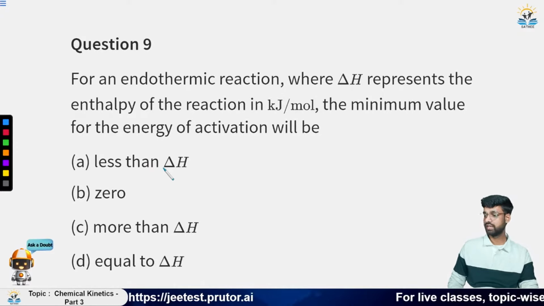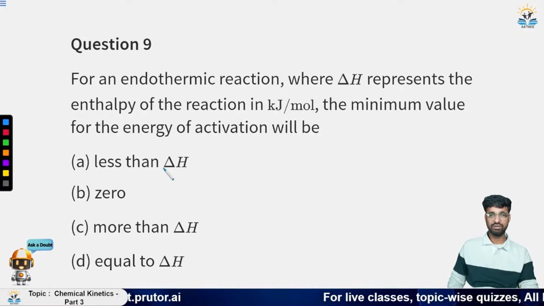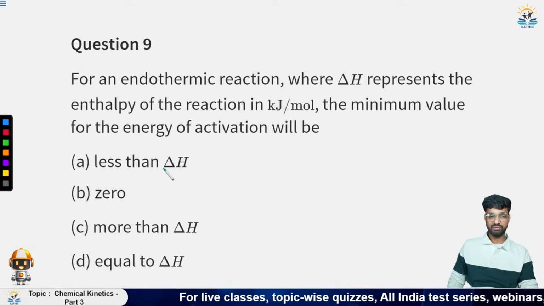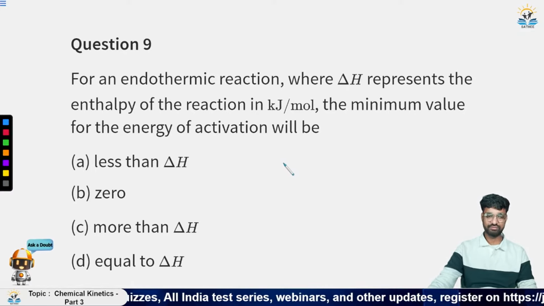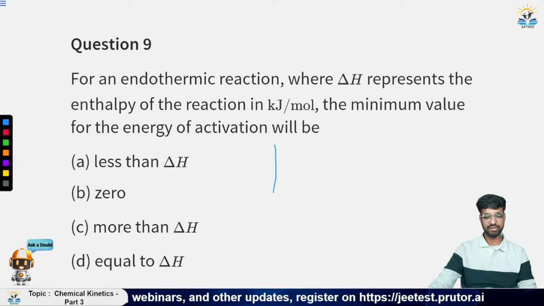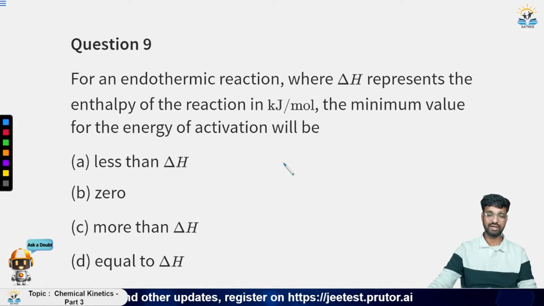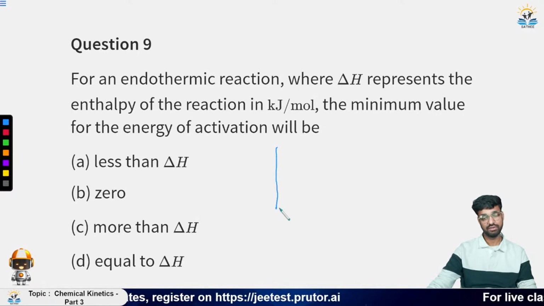Now consider the next statement, which says that for an endothermic reaction, where delta H represents the enthalpy of reaction, the minimum value of the activation energy will be. So it is a kind of comparative study between Ea and delta H. You will just have to draw the graph first of all. For this kind of question, first draw the graph.